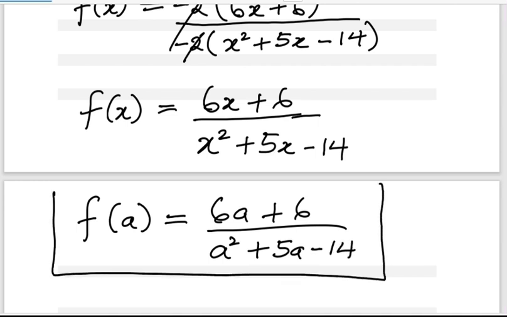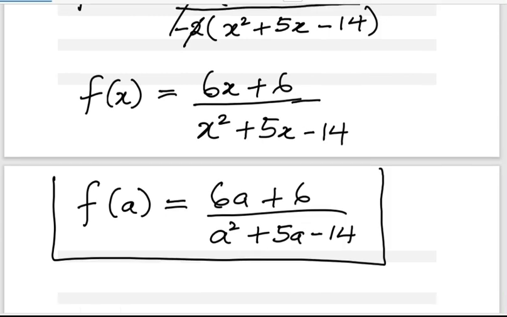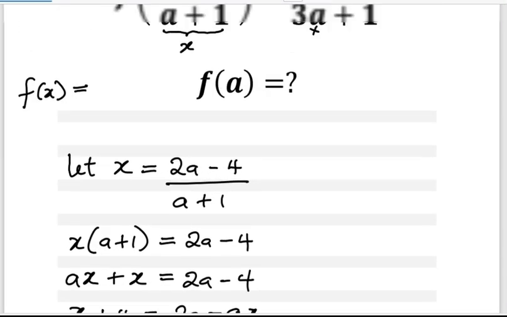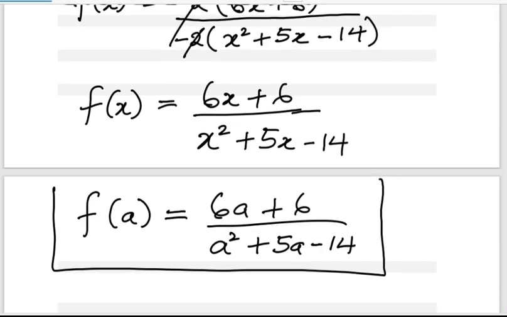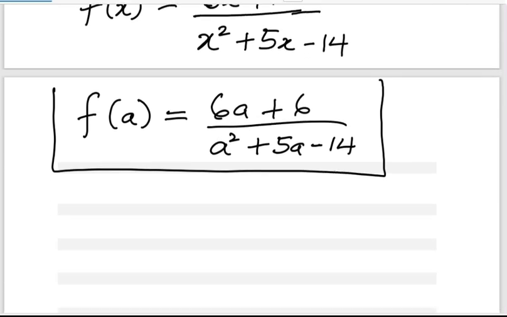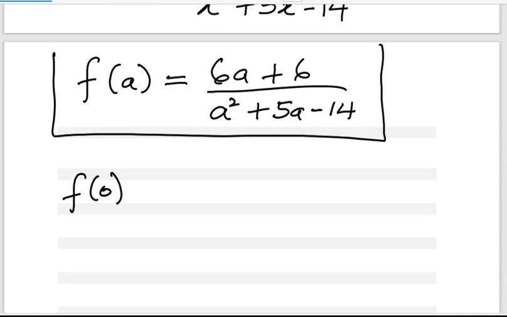But how are we sure that we're actually correct? Let's do a test, because this function and this function should do exactly the same thing, just that this function is a bit more simplified. So let's find what f of 0 is and see if these two functions give us the very same thing. For this first function, f of 0 means that a is equal to 0.